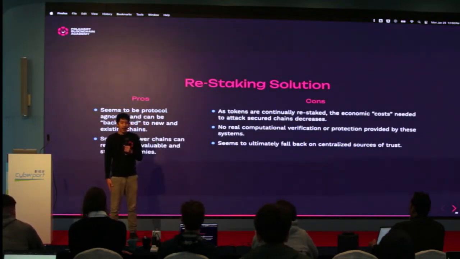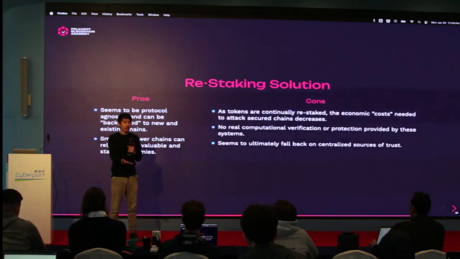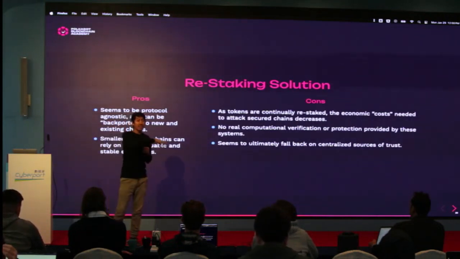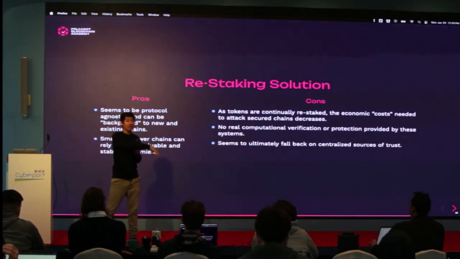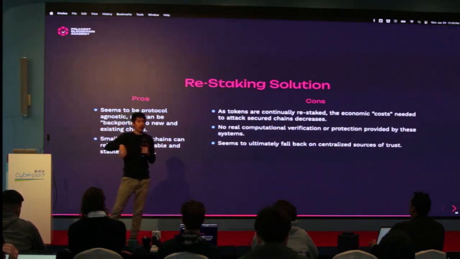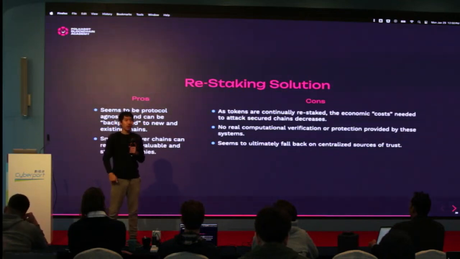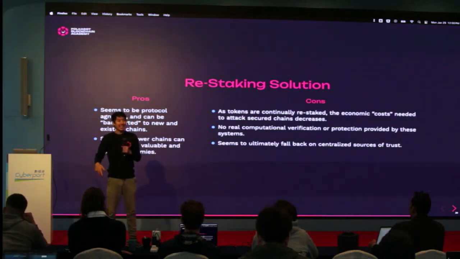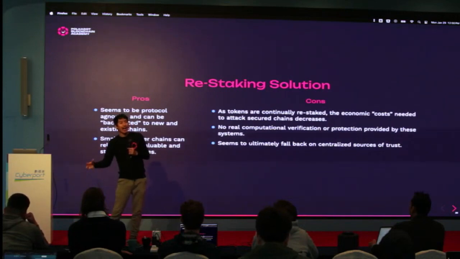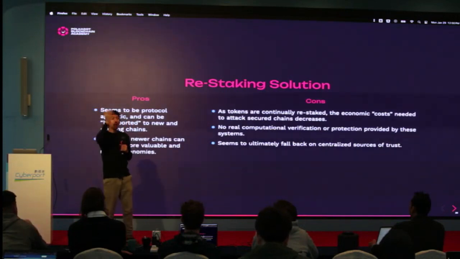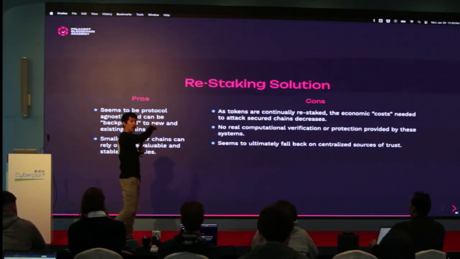You might not care about attacking Shawn chain if you lose Shawn tokens. But I could make a protocol which brings Bitcoin and ETH, hundreds of millions of dollars of tokens, to my chain and use that in my security protocol, and I will slash your Bitcoin if you attack my chain. In this case, I'm able to take my small chain and actually increase economic security by restaking other chains.